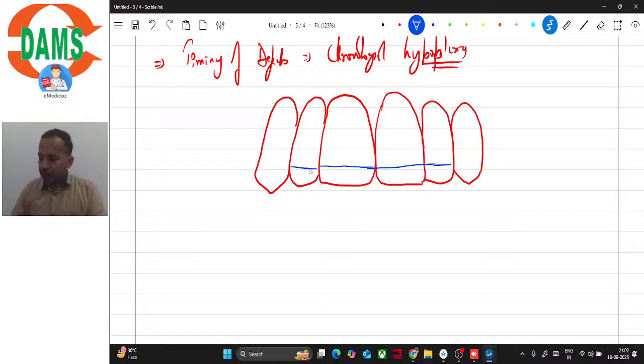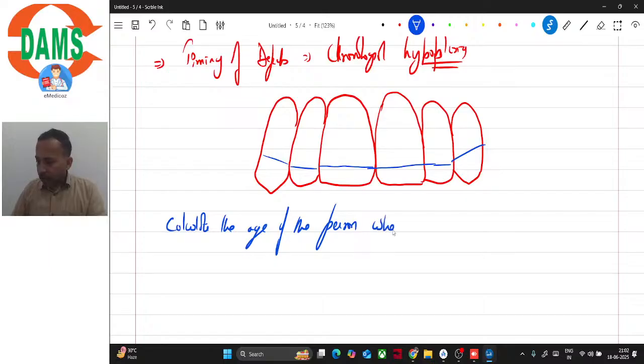So you are asked the timing of this defect, what was the age of this person when this hypoplastic defect occurred.